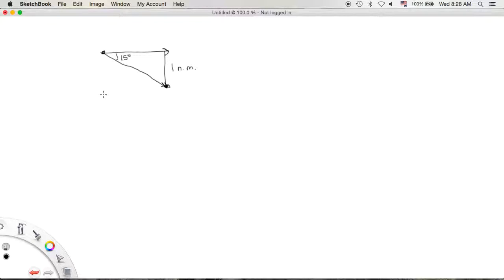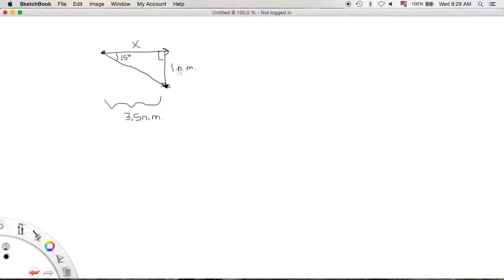Now, from where we are to the airport is 3.5 nautical miles. So what we need to do is figure out what this value is and see if it's at least 3.5 nautical miles, because that's how far we have to get or we won't make it to the airport.